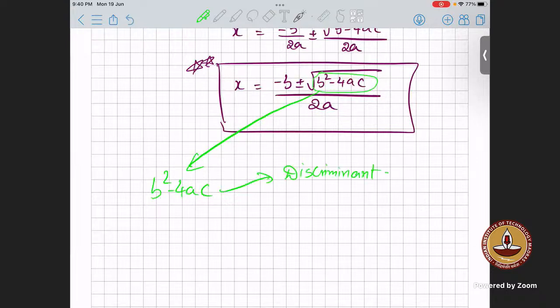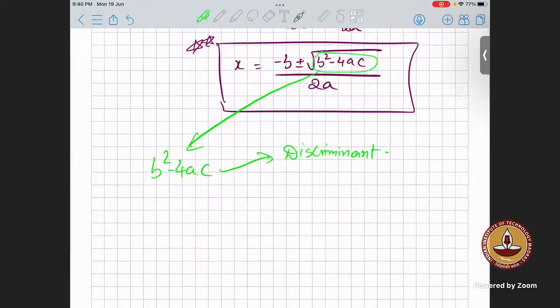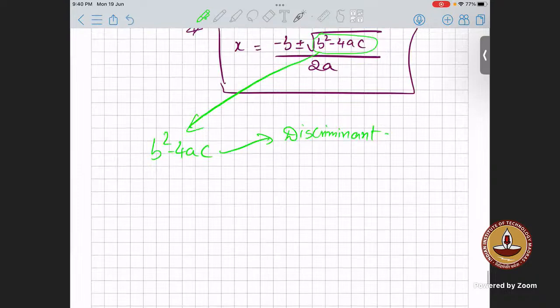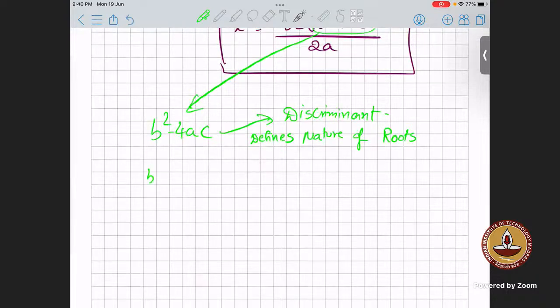What does it define? Nature of roots. Look, if b square minus 4ac is greater than 0, real roots.